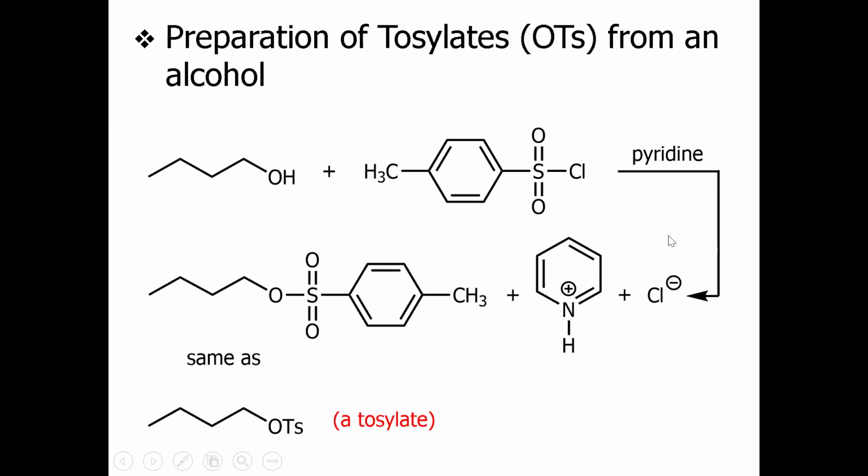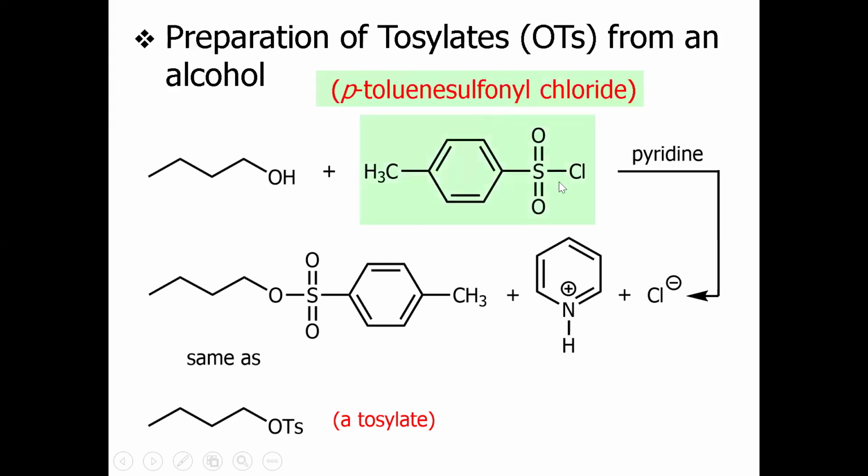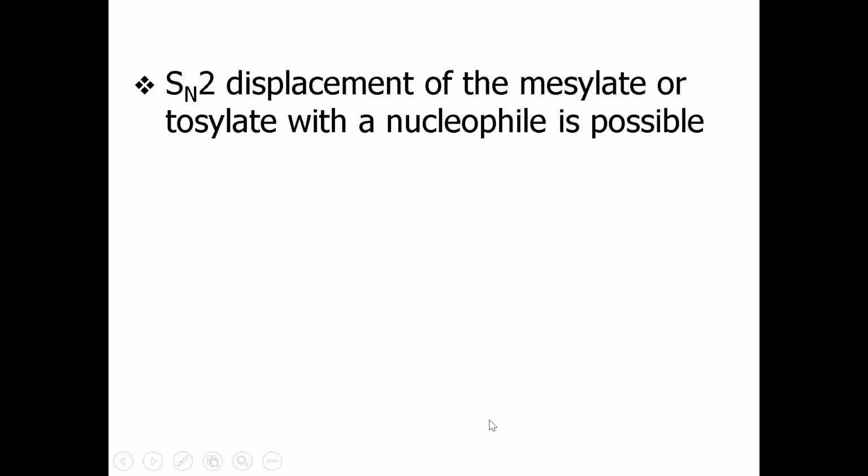When the alcohol is treated with para-toluenesulfonyl chloride in pyridine, it ultimately affords this tosylate ester, which is also written as OTs. The whole group can be written as OTs or tosylate.